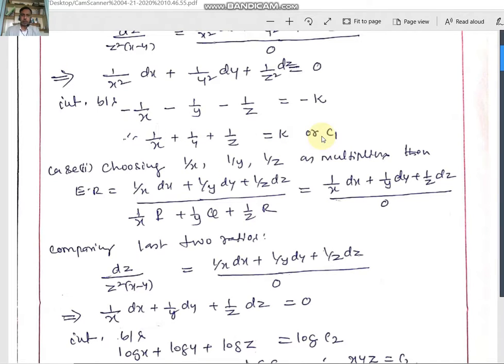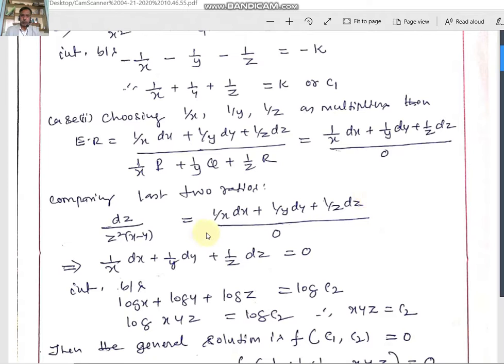To find the second set of solution, choose another set of multipliers: 1 by x, 1 by y, 1 by z. Then each ratio can be written as (1 by x dx plus 1 by y dy plus 1 by z dz) divided by (1 by x P plus 1 by y Q plus 1 by z R). Obviously the denominator will become 0. If you cross check, this will be 0.